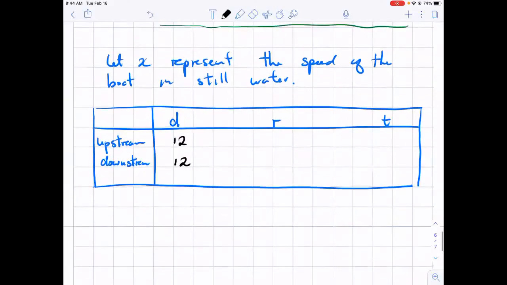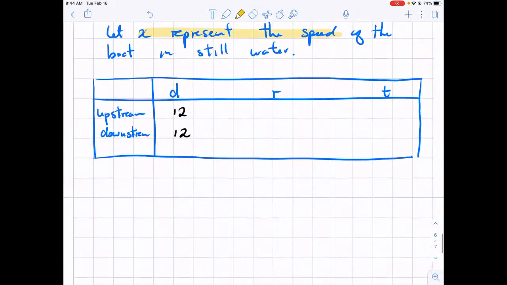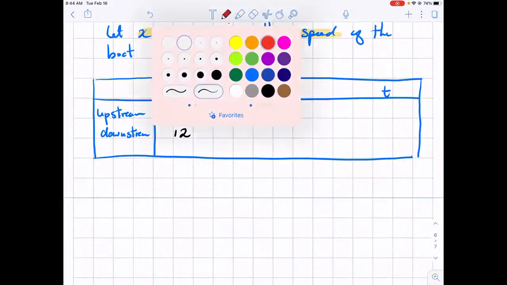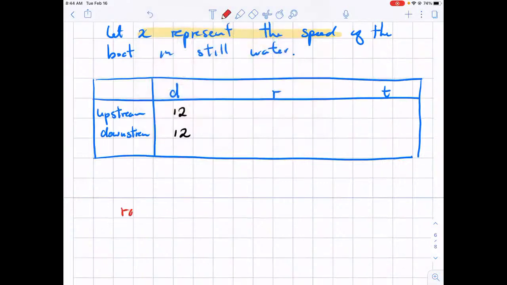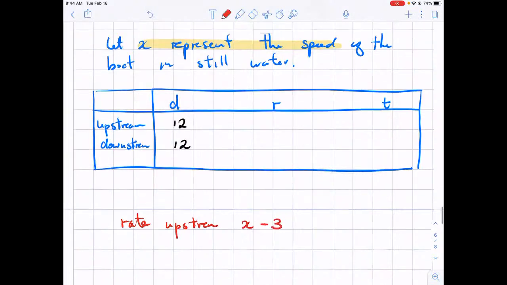So if x represents the speed of the boat, therefore the rate upstream would be x, because it's the speed of the boat, minus the current of the water, okay?